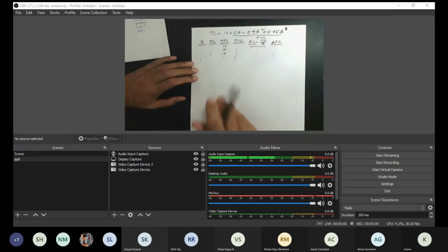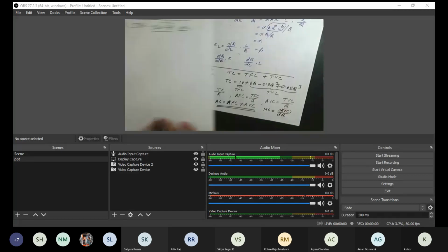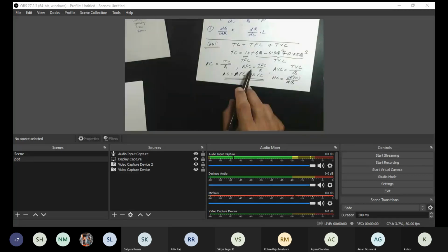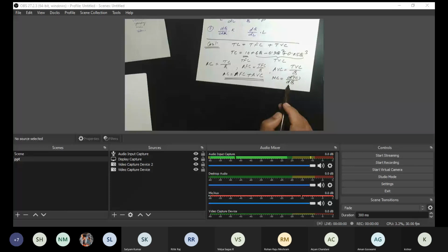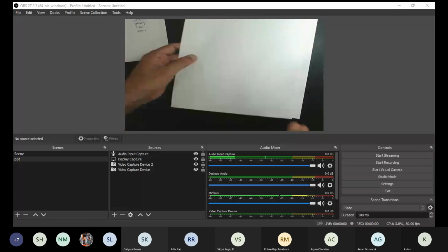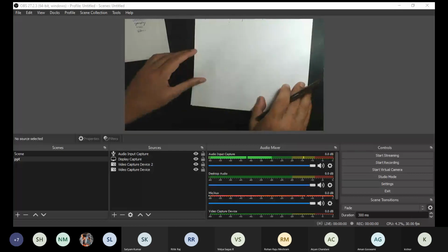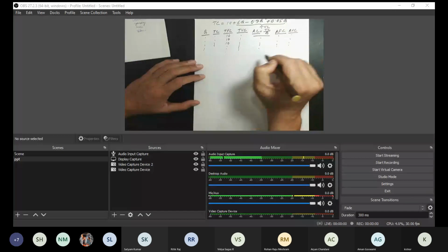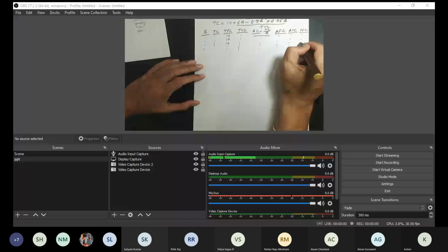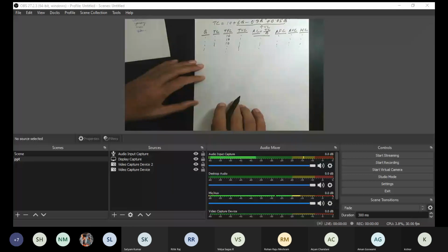Average fixed cost, I believe AFC is TFC divided by Q. AVC is TVC divided by Q. MC is the first order derivative of TC with respect to Q. You know it, I believe. So I am again not writing those equations. AFC, AVC, average variable cost. Then you can find marginal cost also. Okay.